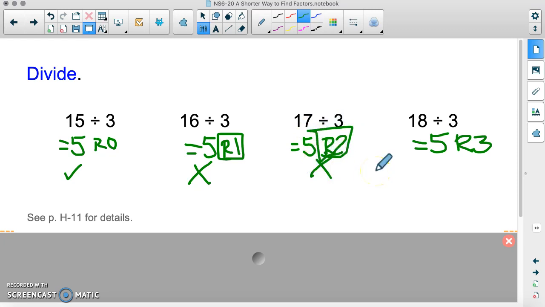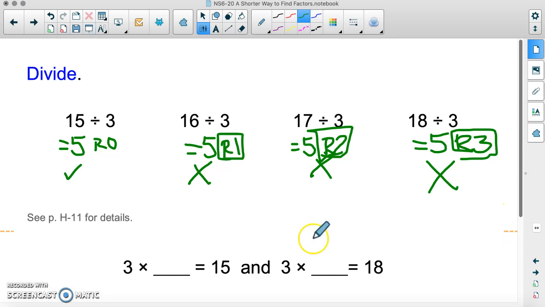It does not go in evenly. And 3 and 5 are also not factors of 18 because there's a remainder of 3. So we notice that to use division, if we want to find the factors, there cannot be any remainders left. If you have a remainder, there are no factors.